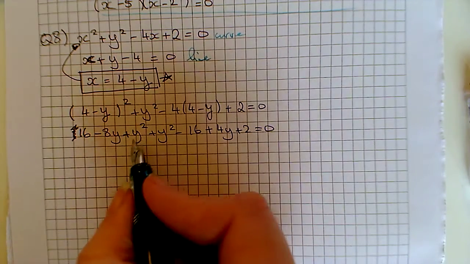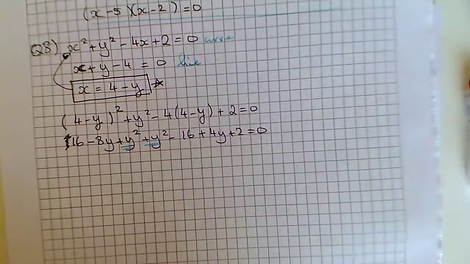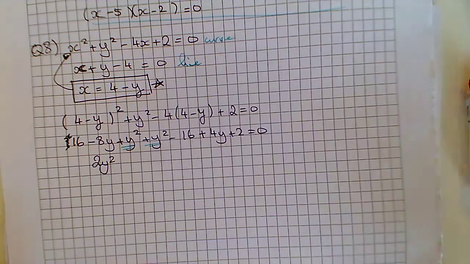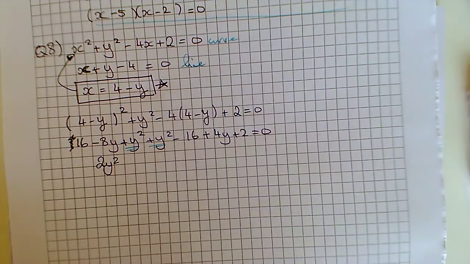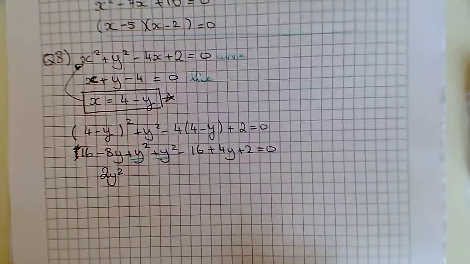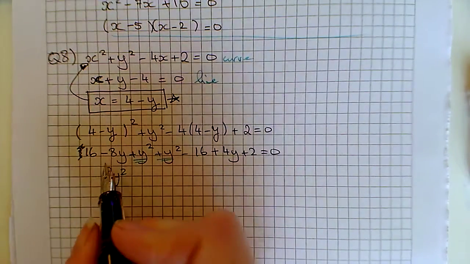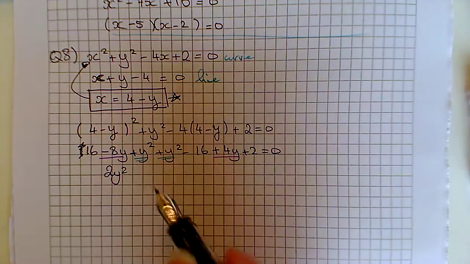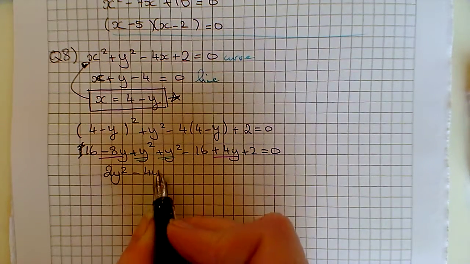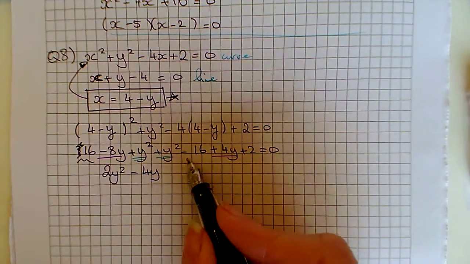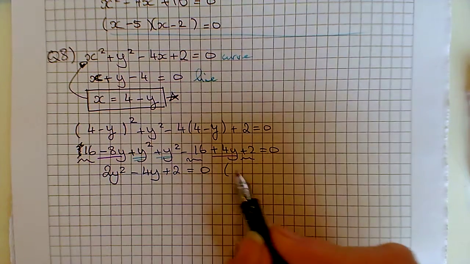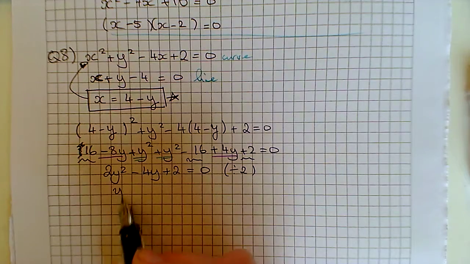Then y squared plus y squared gives me 2y squared, minus 8y plus 4y. Sorry, I keep banging the camera. Minus 8y plus 4y gives me minus 4y, and 16 minus 16 plus 2 gives me plus 2 equal to 0. I can divide across by 2, so I will.